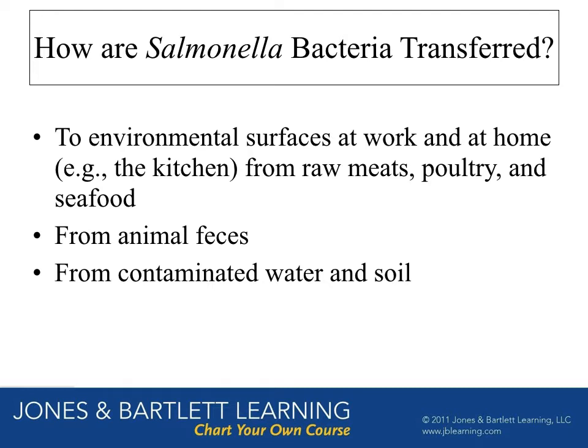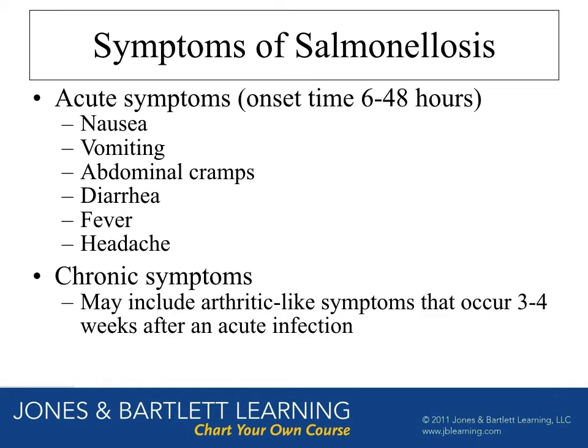It can be transferred if you're not very clean and hygienic, especially in the food preparation areas. Contaminated water and soil can also bear this, and we see this from time to time in agricultural settings where the Salmonella was present, for example, potentially at high concentrations in the soil, and during harvesting and processing it was not cleaned adequately, and hence transmitted disease over the period.